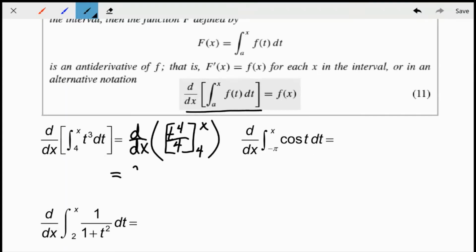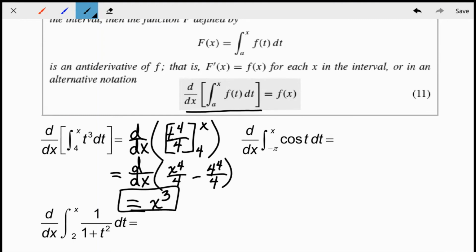Well, when I plug this in, my upper limit minus my lower limit, I'm taking the derivative with respect to x of x to the fourth over 4 minus 4 to the fourth over 4. And in the end, when I take that derivative, the derivative of x to the fourth over 4 is just x cubed. The derivative of 4 to the fourth over 4 is 0. So all I get is x cubed.